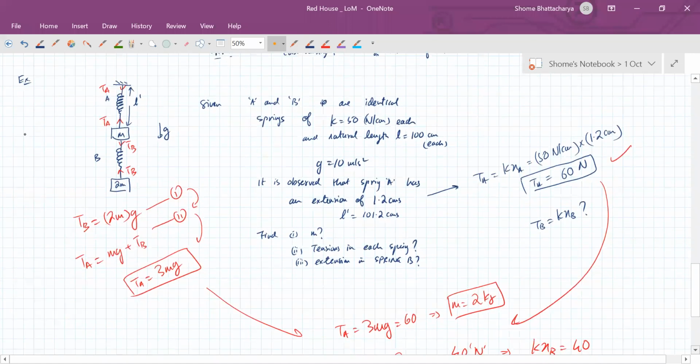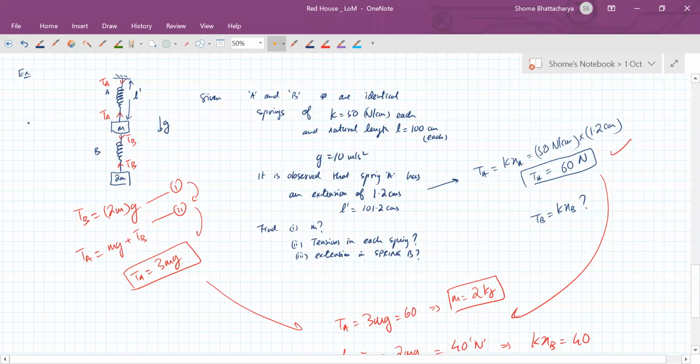So I will just make the FBDs also to show you. On this there is tension in A, tension in B, and its weight, and it's at rest. And on this there is tension in B, and this one's weight, which is 2 mg, and this is also at rest. So that is how we are getting these equations, equation 1 and 2.